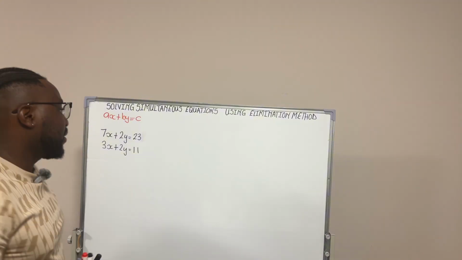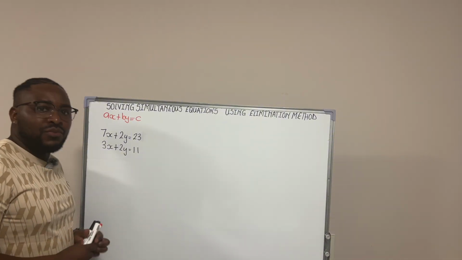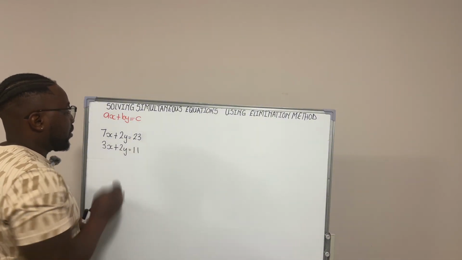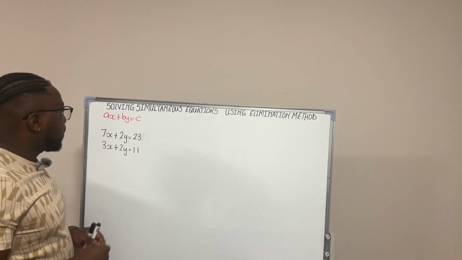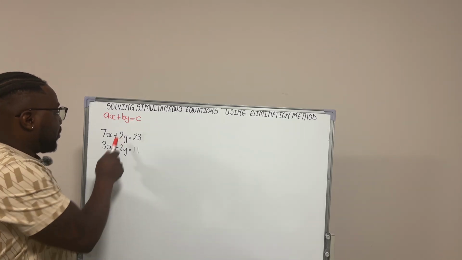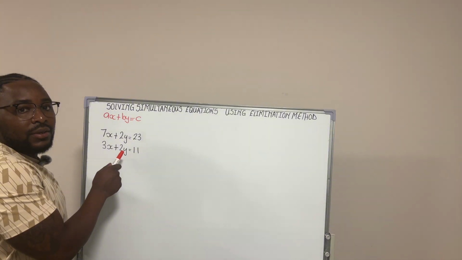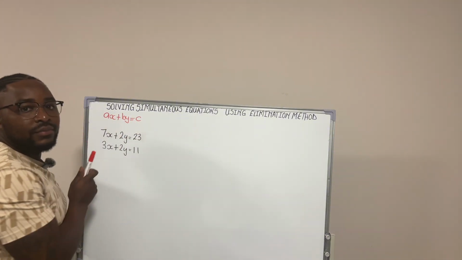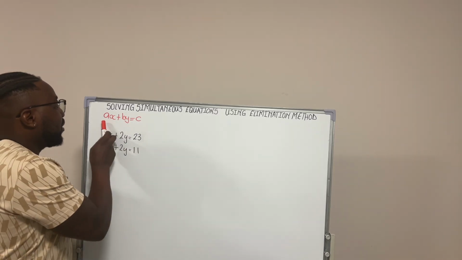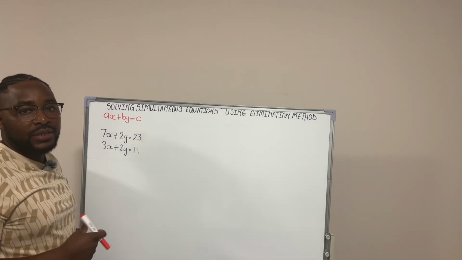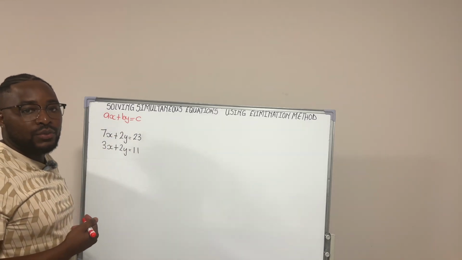Yes? And what's the first thing that we can notice in both of our equations? We can notice that these two equations are in the standard form, right? So the first thing that we have to do is label them.